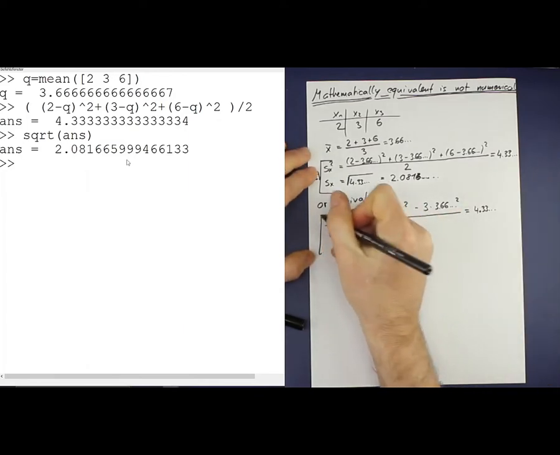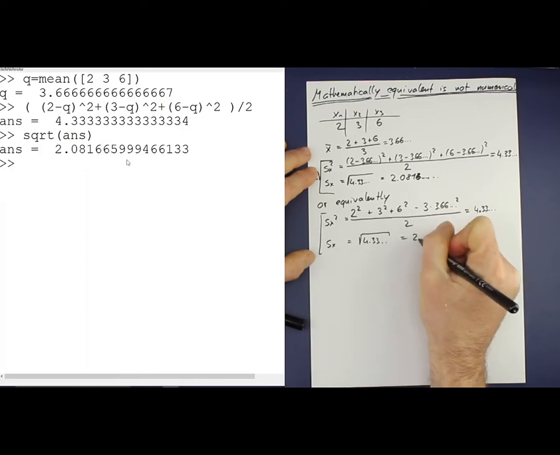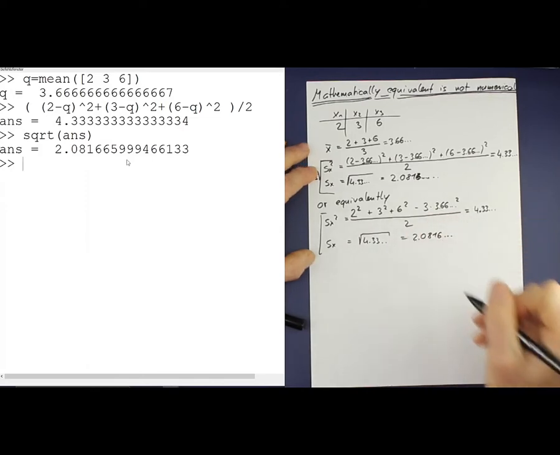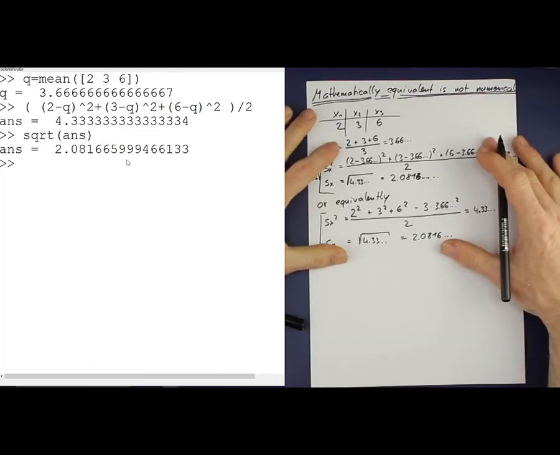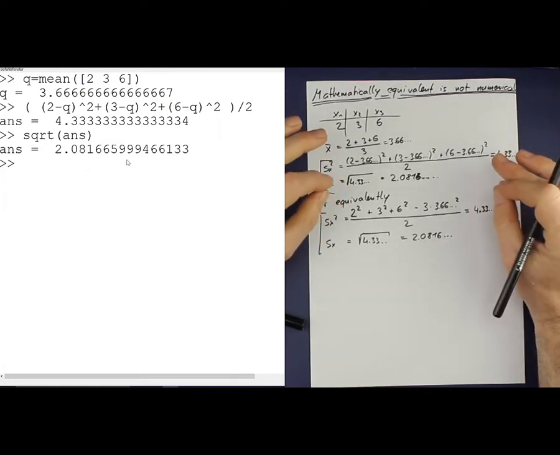Okay, so the standard deviation again is the square root, and so it's again 2.0816 and so on. As long as there is no rounding, these formulas will always produce exactly the same result.